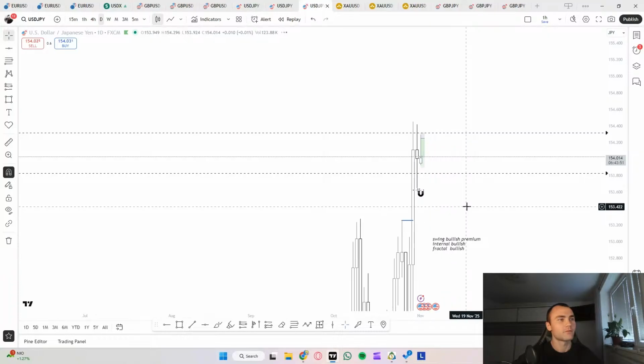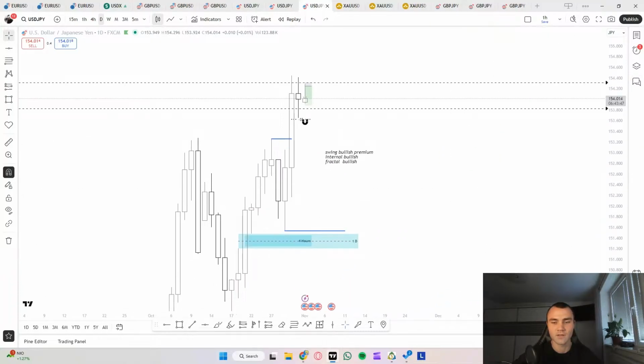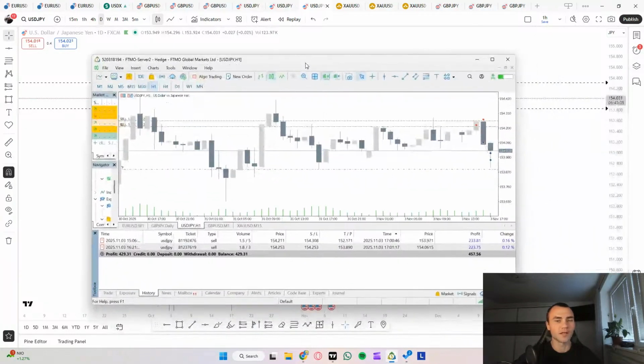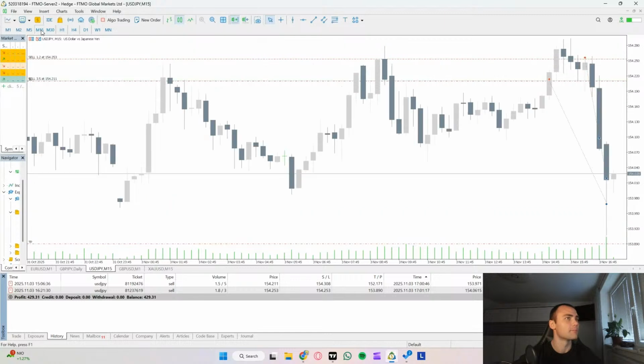What I have looked at was this, and let me show you actually. Both trades are actually live trades. I've taken them here, the first one and the second one.